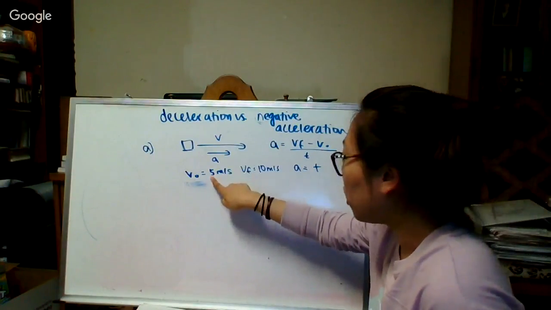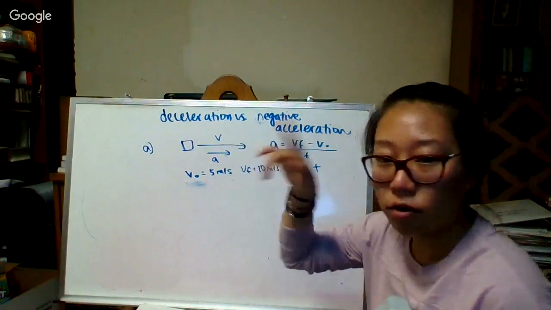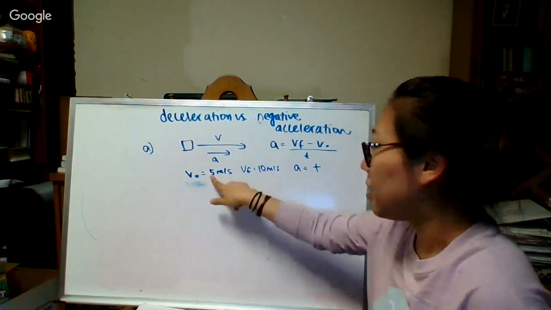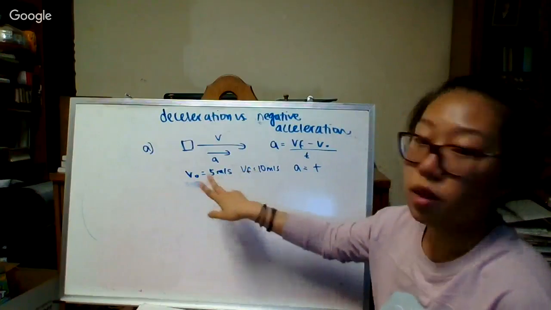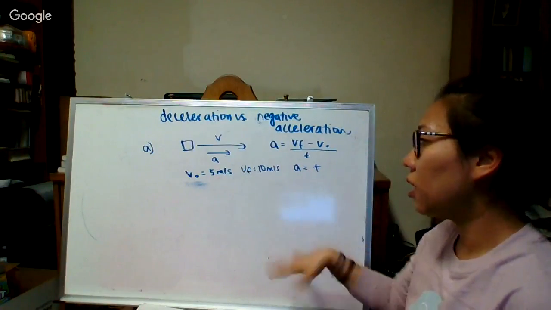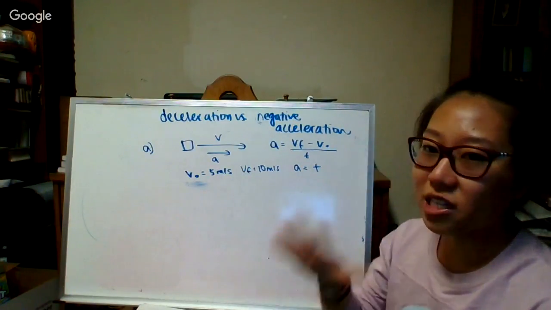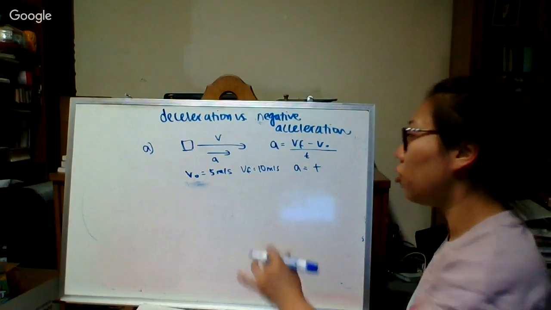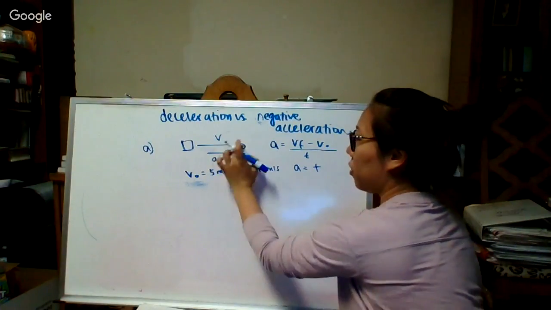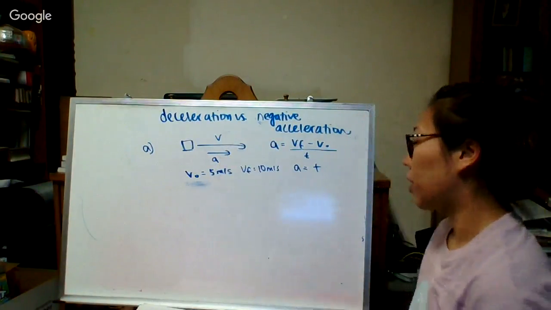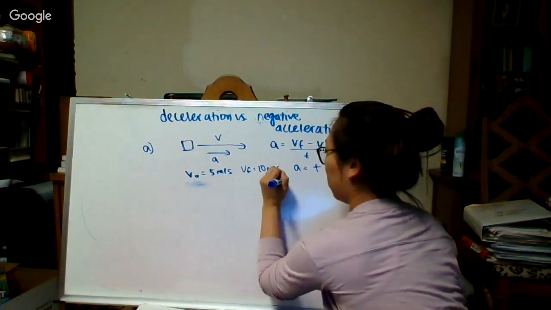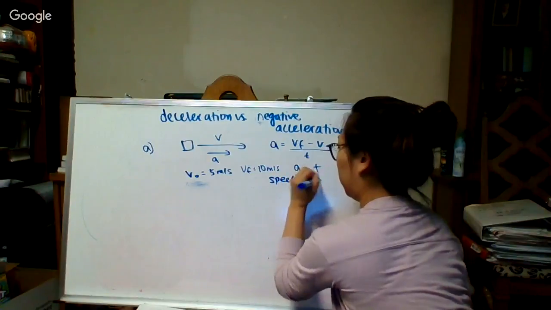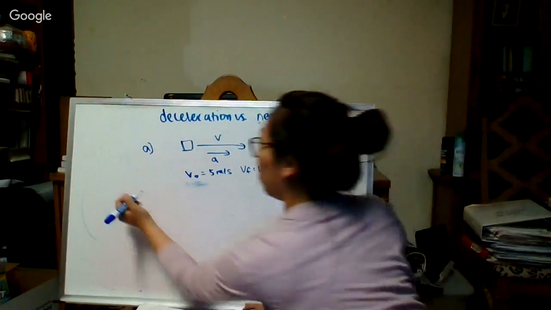Because if you look at just the values without the signs, 5 and 10, it's increasing, right? Anytime the magnitude is increasing, the object is always speeding up, okay? And how you also know that is because you know that it's in the same direction, okay? So speeding up. Okay, then positive acceleration.